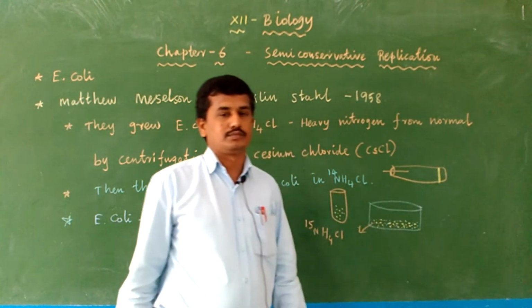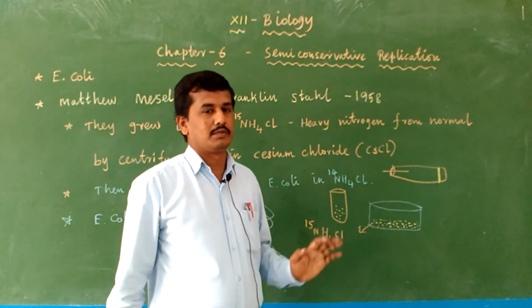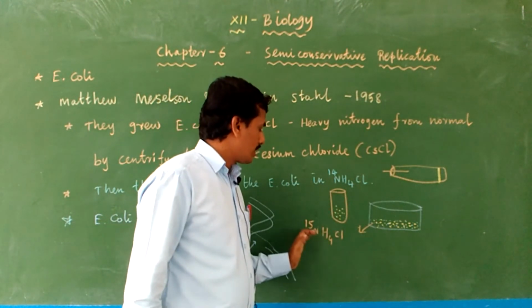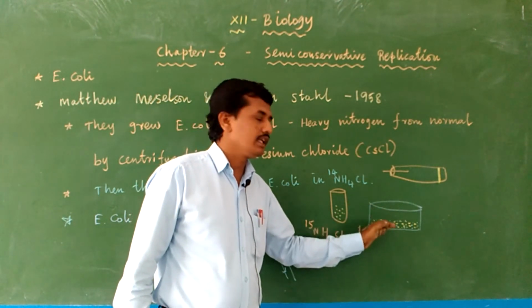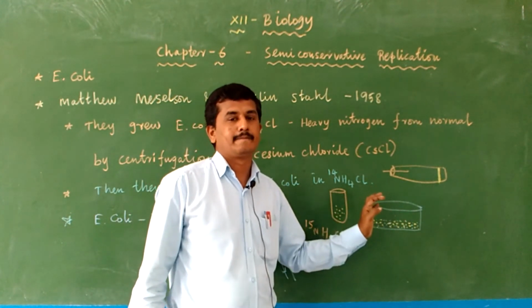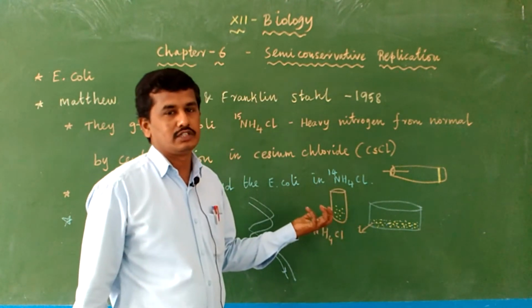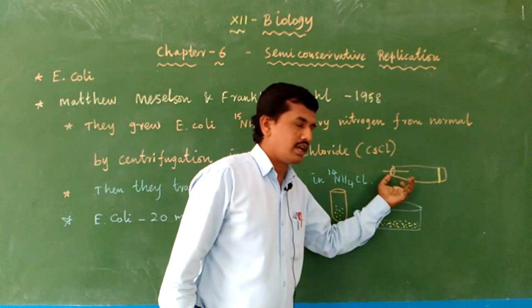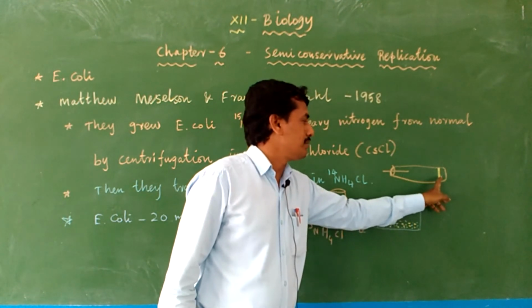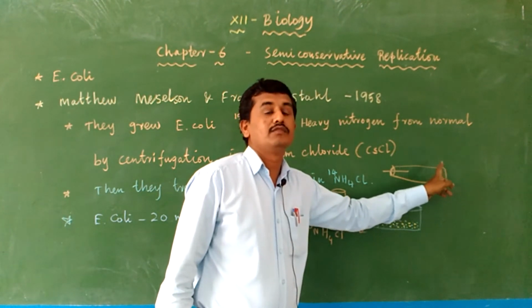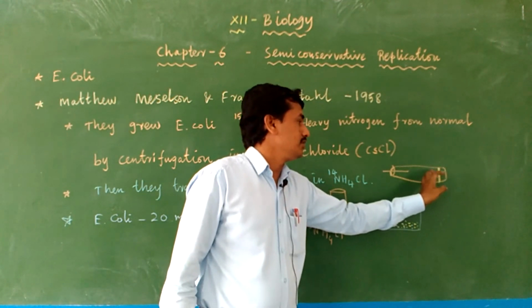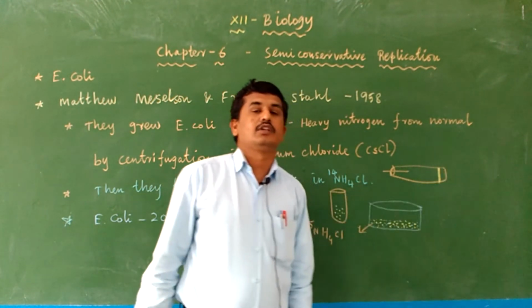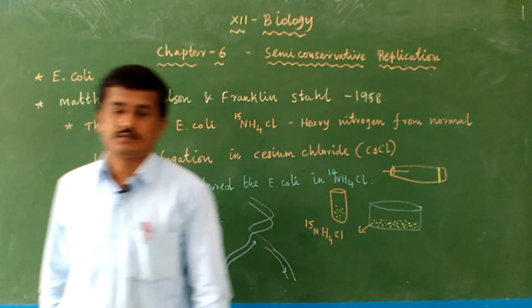In the first experiment, we add ammonium chloride 15 to the nutrient substance for coloring the DNA, and after centrifugation the bacterium containing ammonium chloride 15 settles into the bottom of the test tube due to its heaviness. That is the first part.